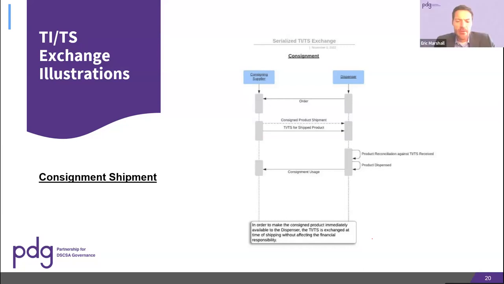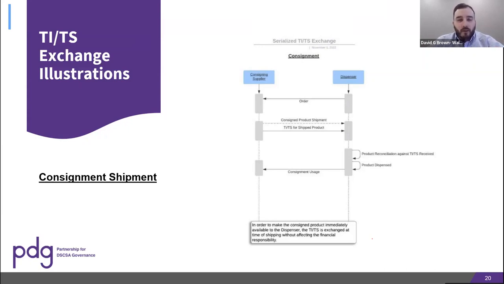Thanks. And David, I know you at the pharmacy end end up trying to manage this until you use it, as Bob says. Talk a little bit about that pharmacy perspective. Sure, yeah. For pharmacies that do participate in a consignment model, there are concerns about having that TI and TS at receiving. What the blueprint and the PDG are aligned on is that when that product is shipped, the supplier provides that TI and TS so that the dispenser can perform reconciliation and confirmation that the TI and TS has been received.